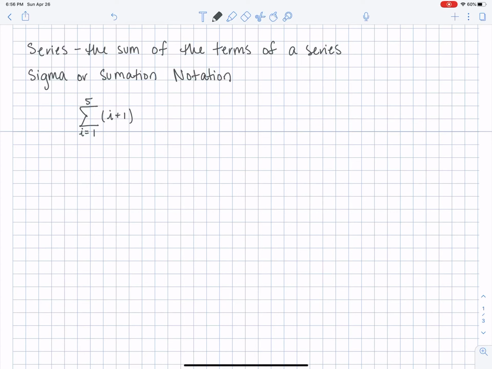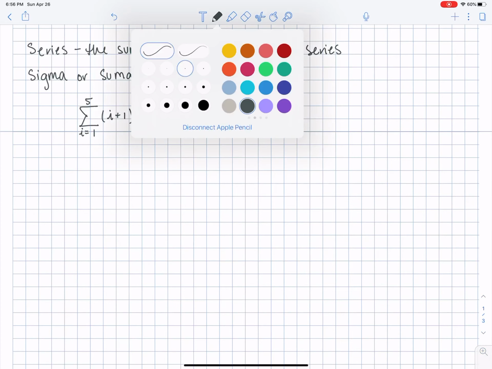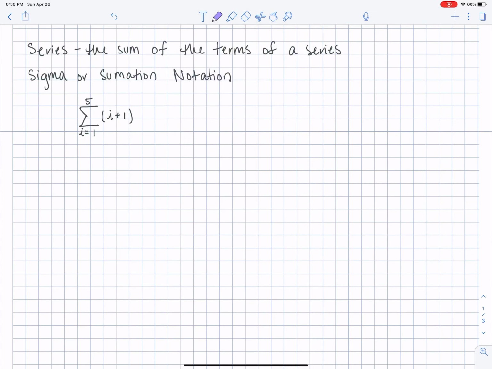So this i equal to 1 is called our lower bound, and the lower bound is where we're starting from. In this example, we're starting at the first term.